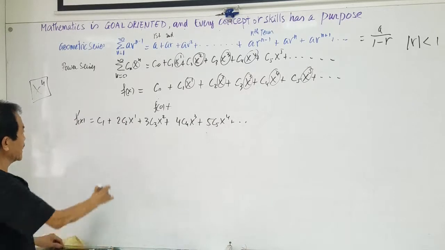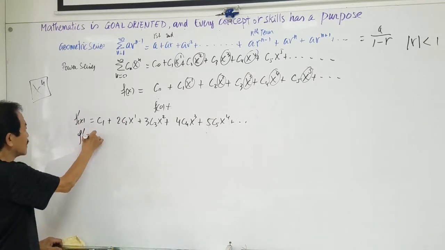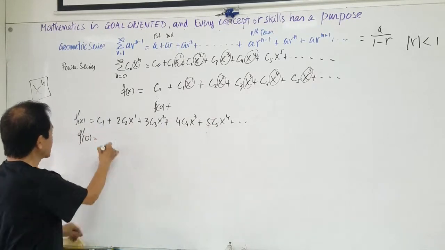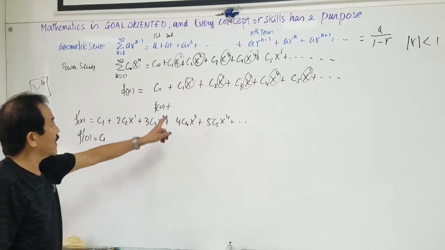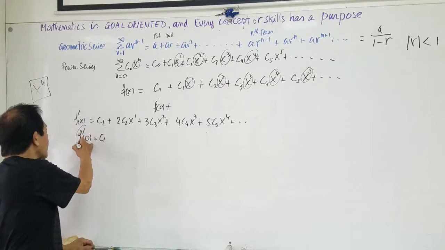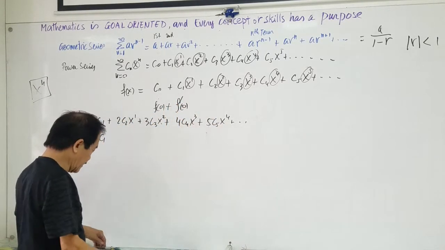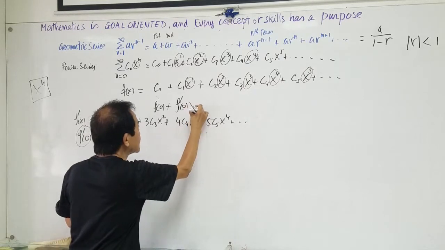Now I plug in 0 again, so f prime of 0 equals what? Only C1. Therefore I substitute C1 equals f prime of 0 right there. And my x still stays here.